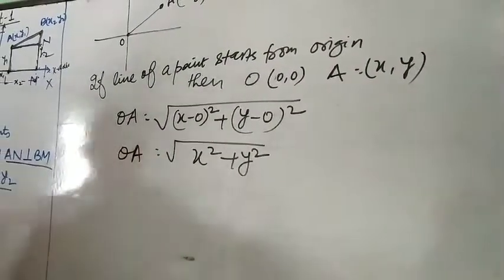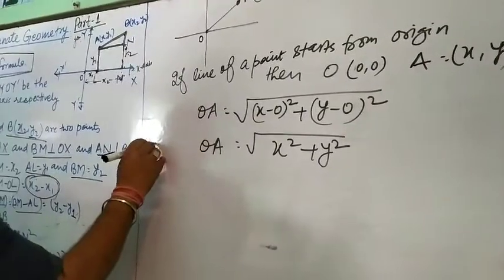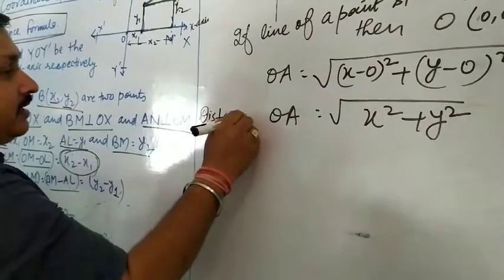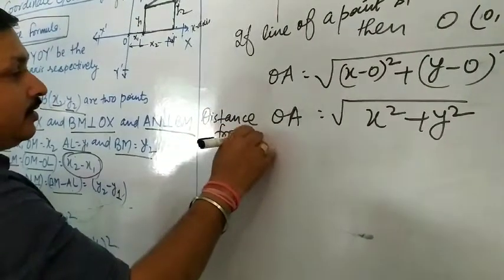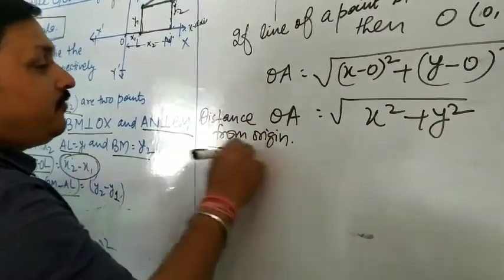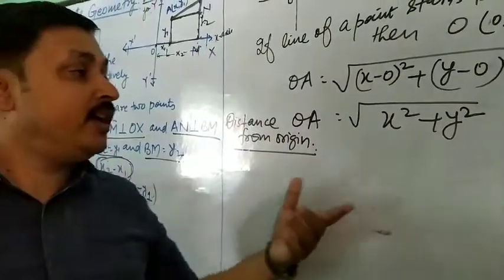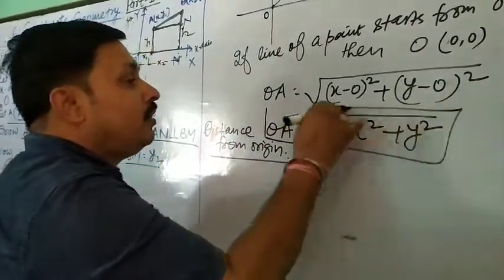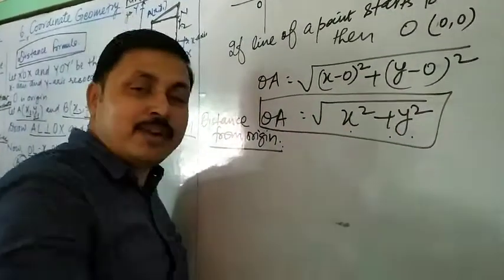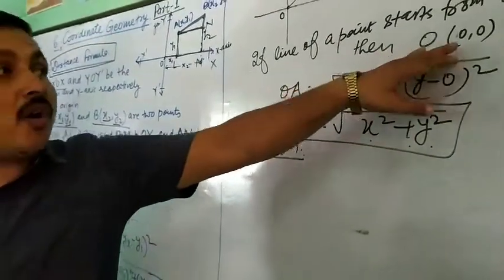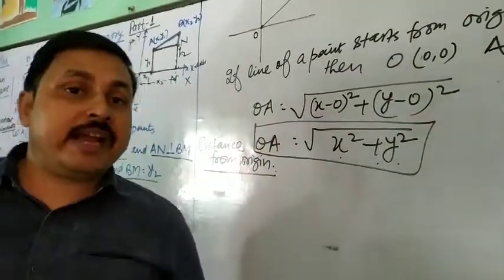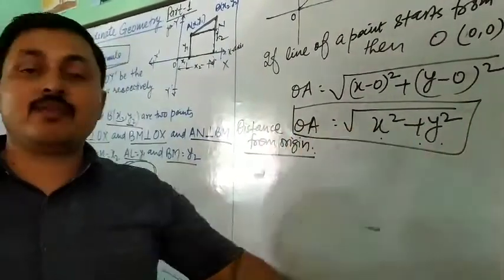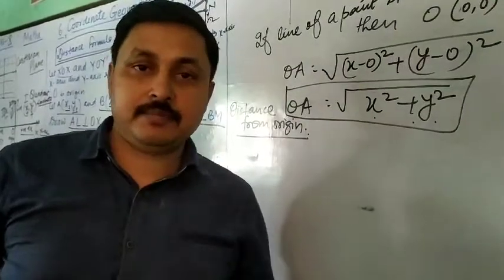So, distance from origin: if we find the distance from origin, we use the formula distance equals root under x square plus y square, because the value of origin equals 0, 0, so x2 equals 0 and y2 equals 0. So it should be written as x square plus y square only. Okay.